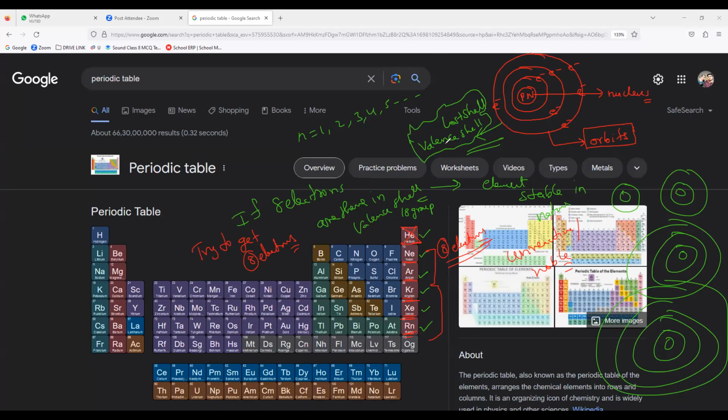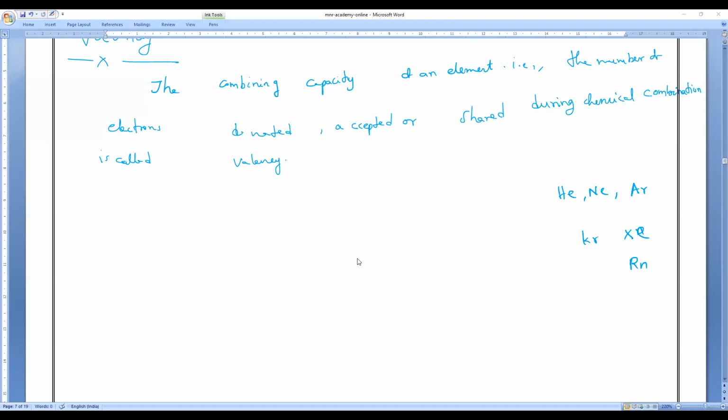So that is why they are stable in nature. Like this, every element is trying to get stability in 3 different ways. What are the 3 different ways? Sharing of electrons, or donating and accepting electrons. That is what it is.